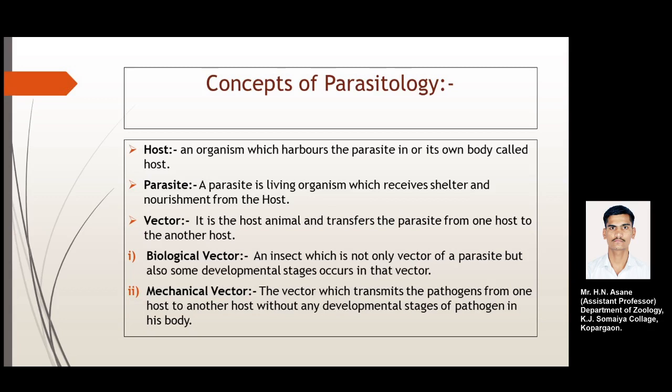In a biological vector, the insect is not only a vector of a disease producing organism, but the germs of the parasite undergo some developmental changes in the body of the insect, or may multiply in that vector. Such a process is termed biological transmission, and the vector is called a biological vector.